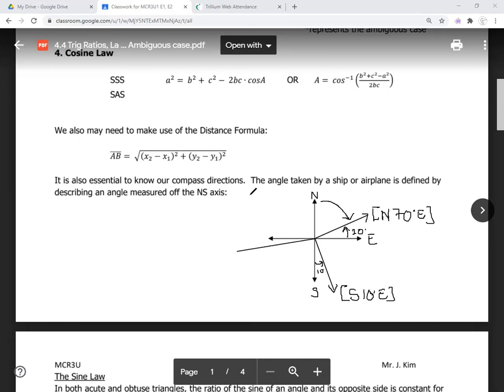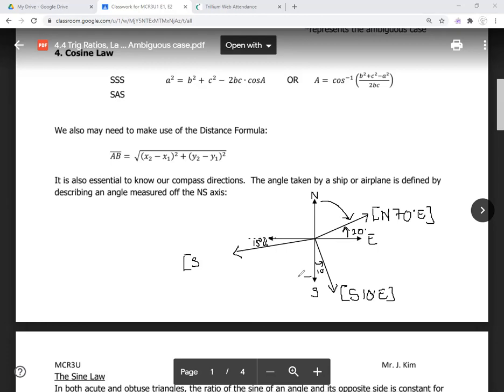So if I have a direction like this, and let's pretend this is 15 degrees from the x-axis here. Jonah? South, something west. So this is 15 degrees.